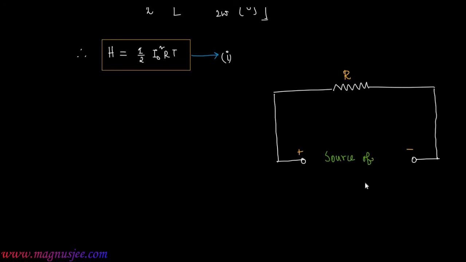Now a source of constant current is connected to the external resistance capital R, and a constant current, that is the RMS current, is generated from the source of constant current.